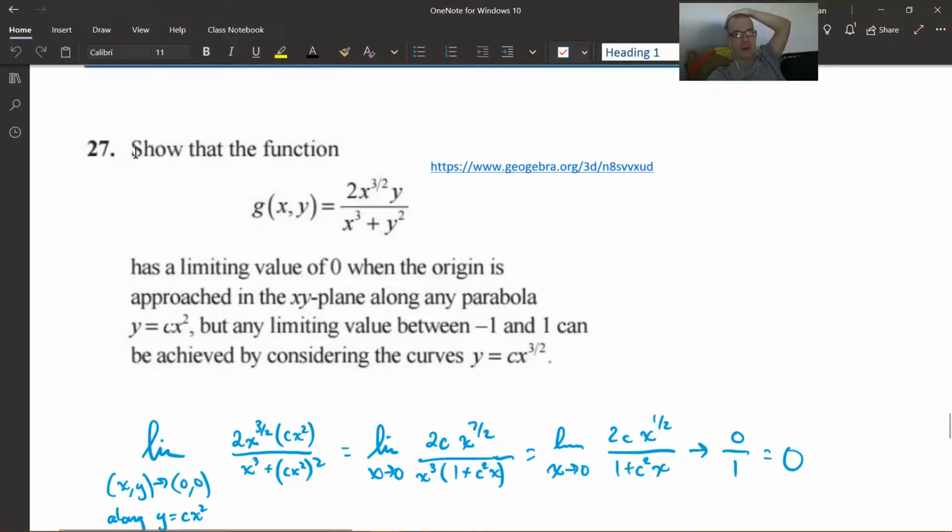So what we're trying to do is show that this function has a limiting value of 0 when the origin is approached along any parabola, but has any limiting value between -1 and 1 when we approach via this kind of curve, which is kind of like a parabola, kind of like a cubic function. It's a cubic function kind of mashed up with a square root.